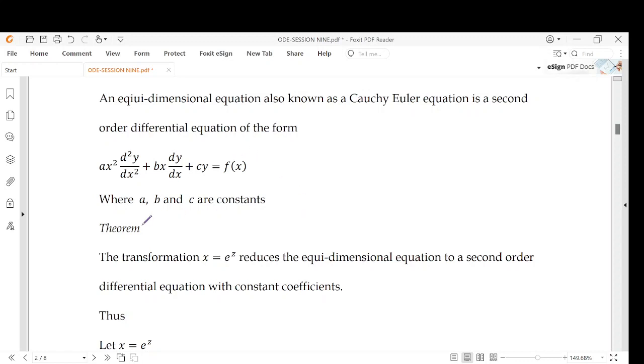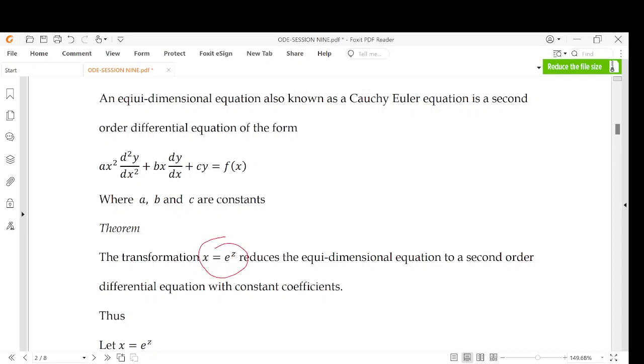And we have a theorem here that the transformation x equals e raised to z will reduce the equidimensional equation to a second order differential equation with constant coefficients. So this is the transformation we shall be using when we want to solve this differential equation.